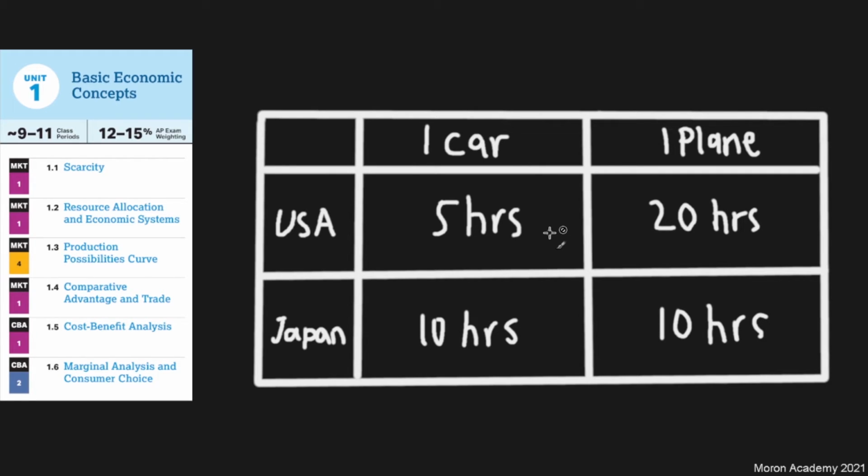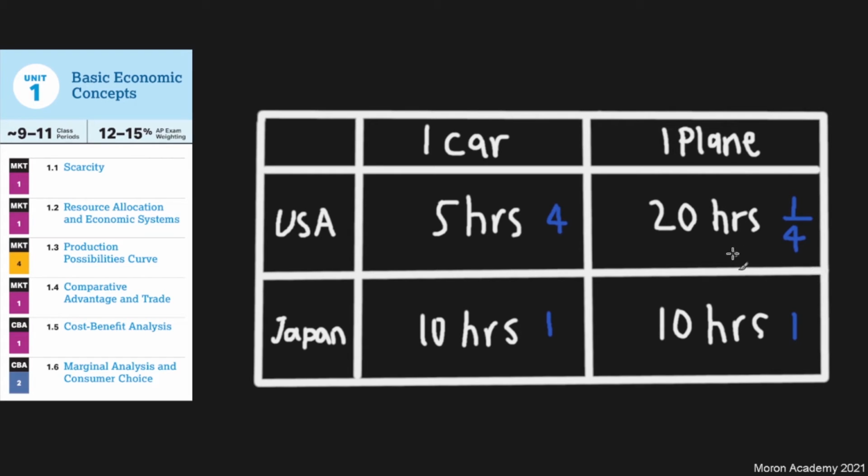But here it is simply the time it takes to create 1 plane and 1 car. So we could just do what we did before. We take the number over here and divide it by the number over here. So we get 4 over here, and we find the reciprocal of 4, which is 1/4. We do the exact same for the bottom, but they're both 10, so it's just 1 and 1.